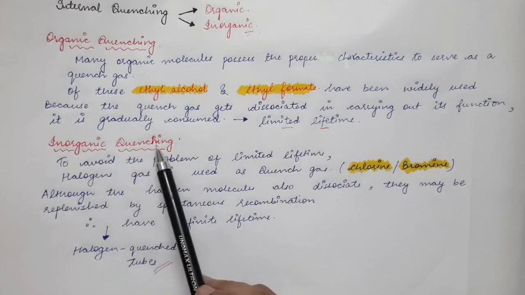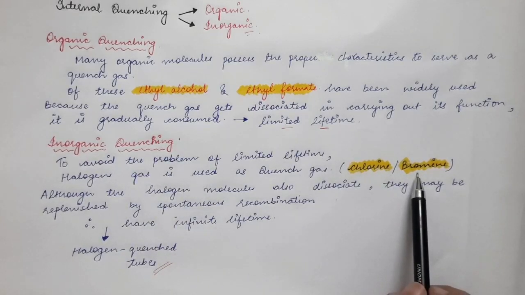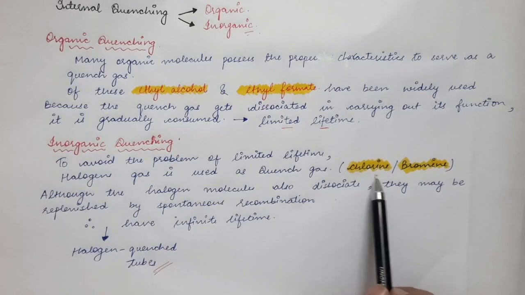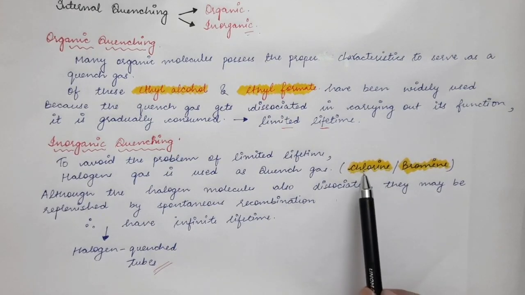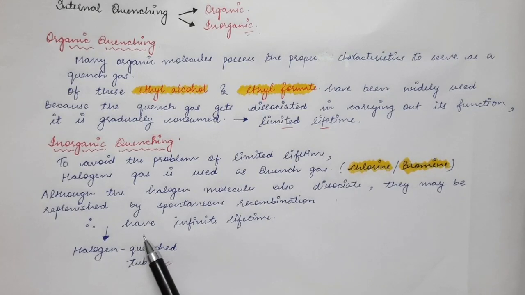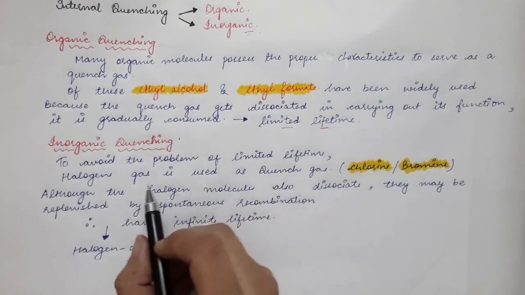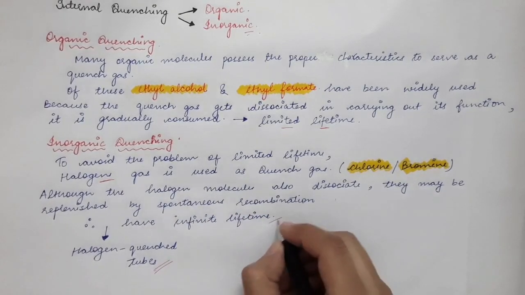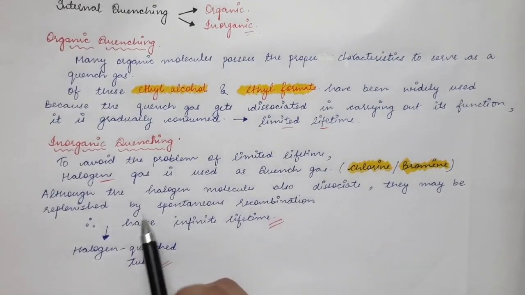But in the case of inorganic quenching, the chlorine and bromine gas molecules, if dissociated in the GM tube, recombine again, and due to which halogen quenched tubes have infinite lifetime. Therefore, inorganic quenching is preferred over organic quenching.